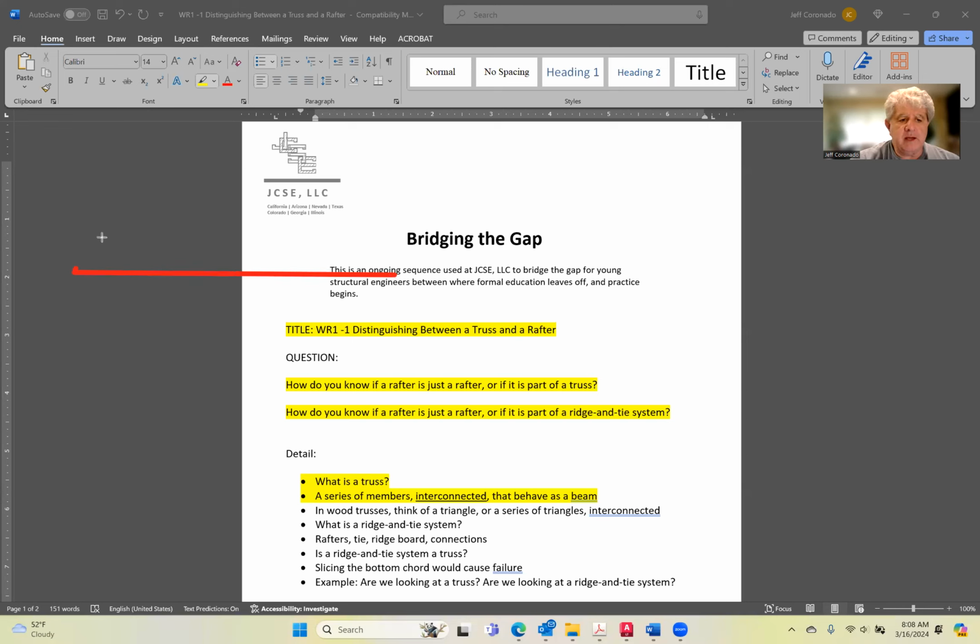Maybe something kind of like this. Actually, I'm going to do it this way. Maybe that, and that, and that. We're building a truss here, right? We are kind of building a truss.